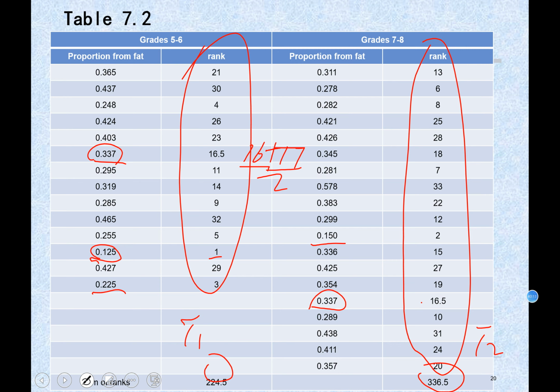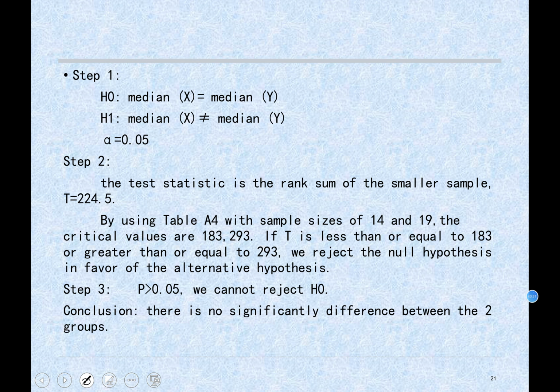So which one has the smaller sample size? Of course, group 1, right? So we need to use T1 as the test statistic. So that means test statistic equals 224.5.